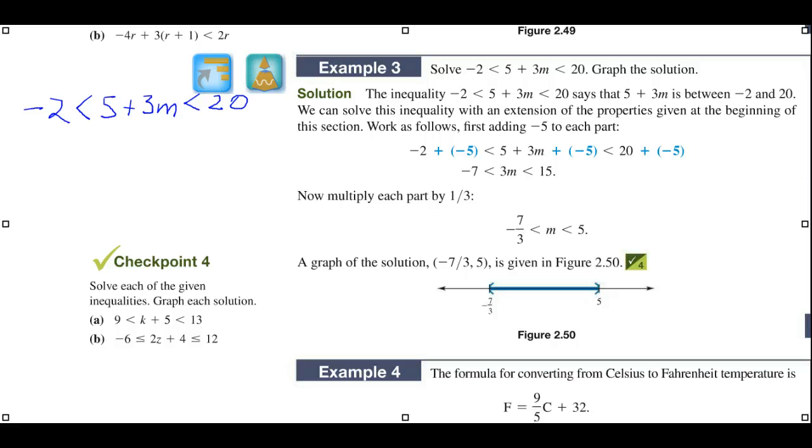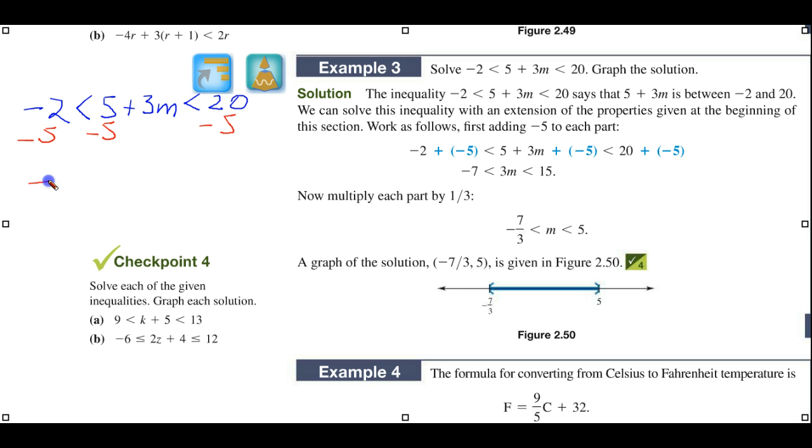In example 3, this is a little different than what we've had so far. This is called a compound inequality, where there's two inequality symbols in the expression. And of course what we want to do is to isolate the m in the middle. So the first thing is we want to get rid of the 5, and the way we do it is we subtract 5 from there, we subtract 5 from there, and we subtract 5 from there.